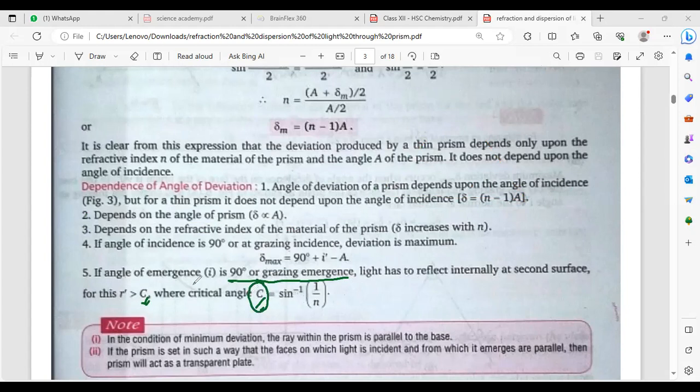Critical angle क्या होता है? Critical angle is sin inverse 1 by mu, where mu is the refractive index of the denser medium.